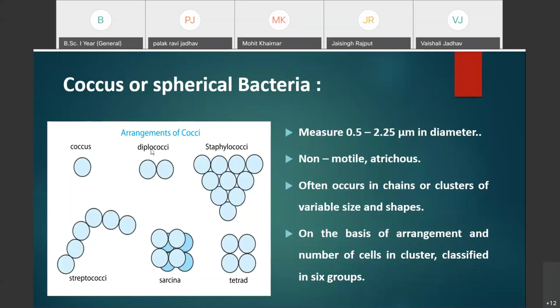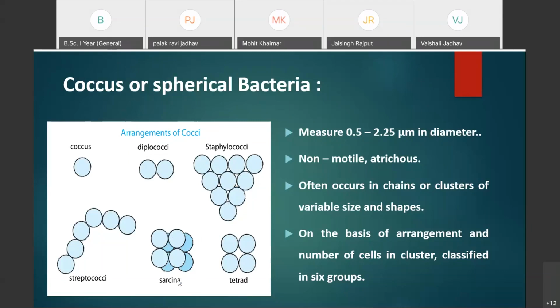Streptococci are present in a long chain. Tetracocci are groups of four cells. Staphylococci form an irregular group of a large number of cells. And sarcina has a cuboidal arrangement.